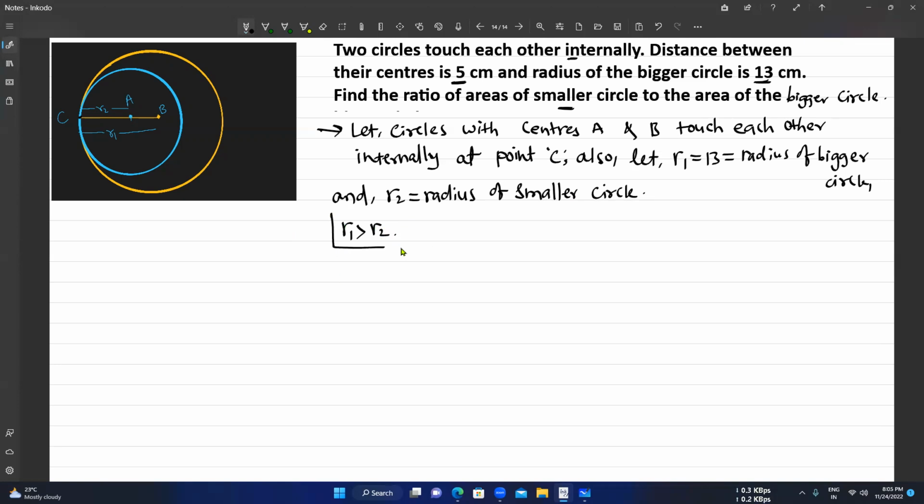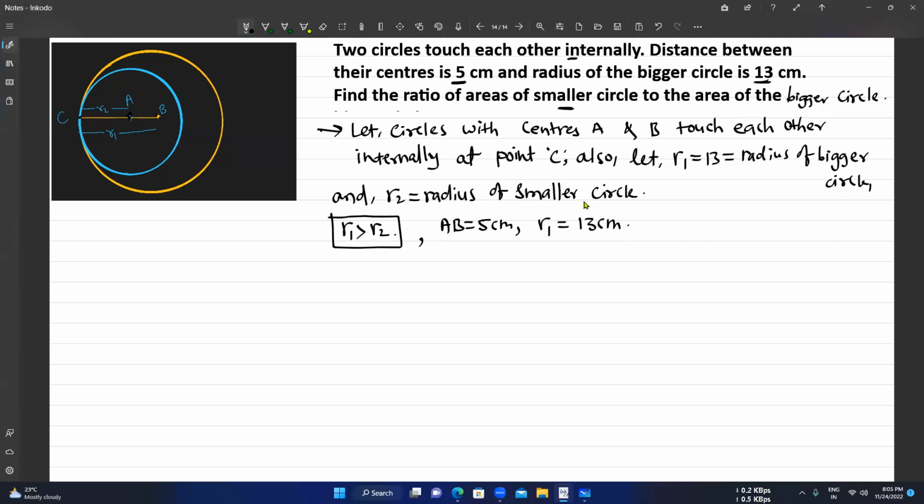Also, distance between the centers means the distance between points A and B, which is the length of segment AB, which is given. AB is equal to 5 centimeter, and the radius of the bigger circle, R1, is equal to 13 centimeter.